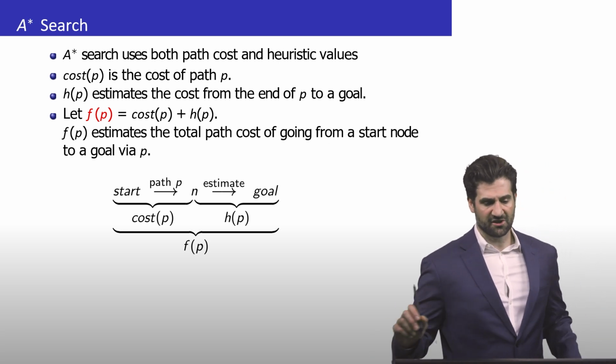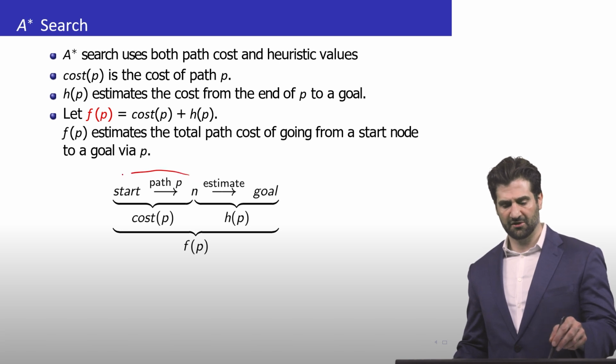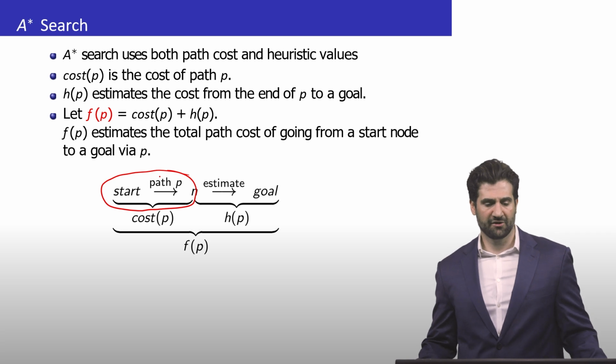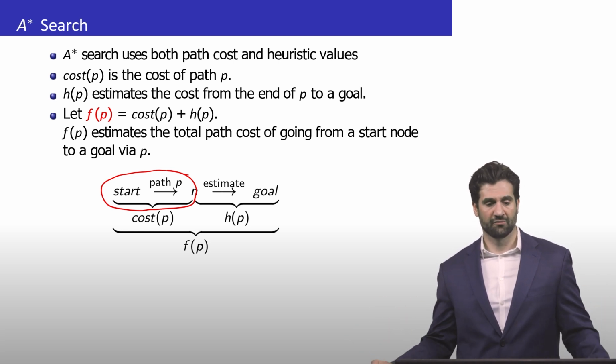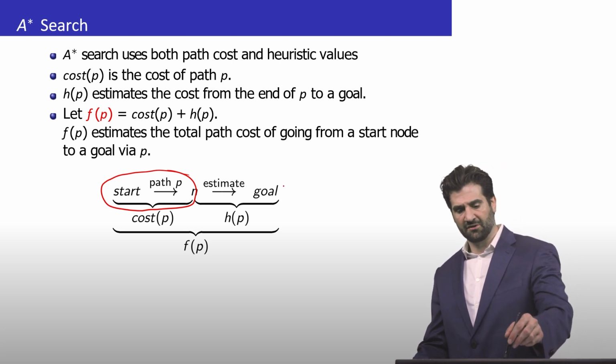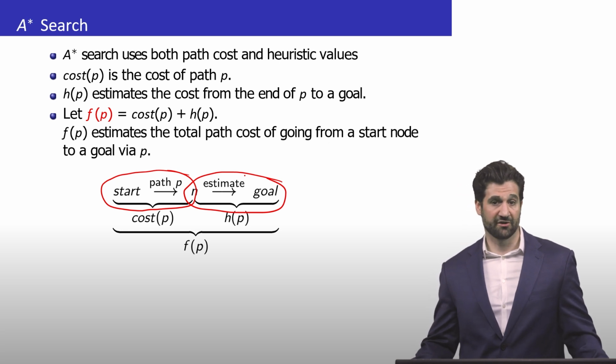As you can see here, cost(p) is the least cost path from the start node to the node n that we are considering across path p, which is our least cost. And then h(p) is the estimate of the rest of the journey going to the goal.